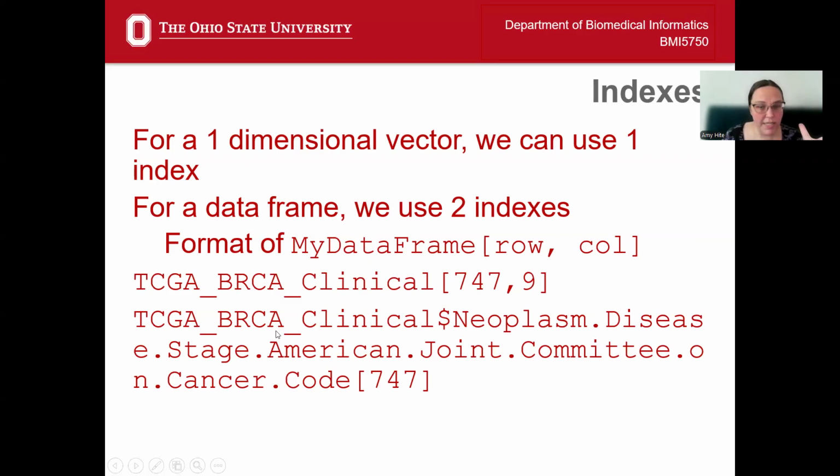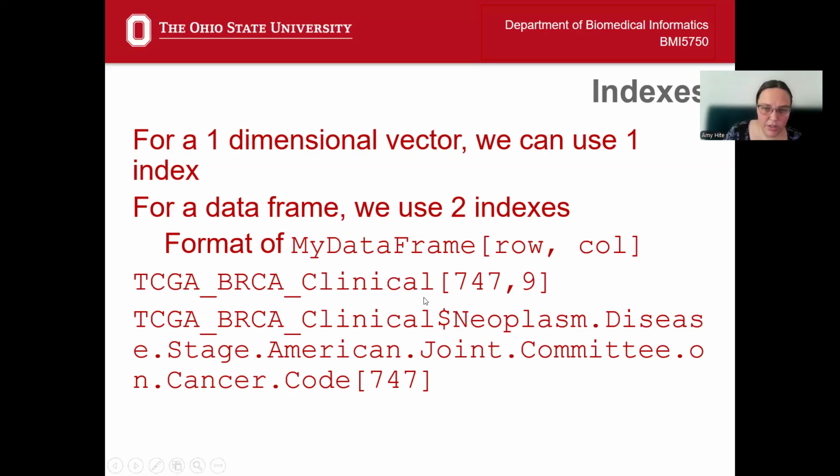Another way we could do it is if we knew the 9th column name was Neoplasm Disease Stage American Joint Committee on Cancer Code, we could specify that column directly with our column notation. And then in the square brackets, just give it the row name. So you can do it either way.